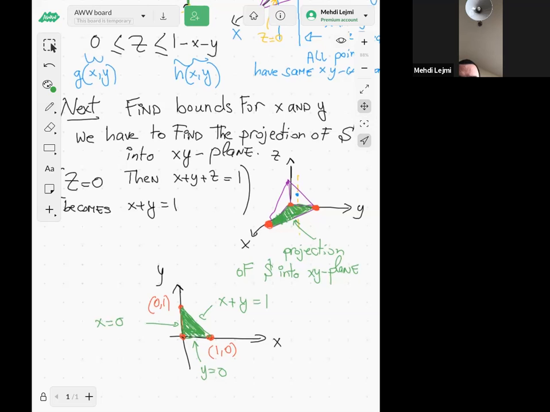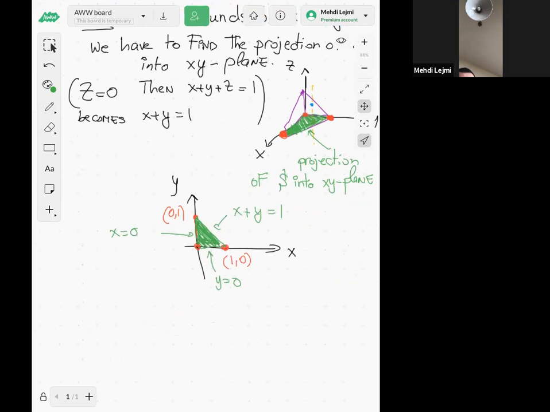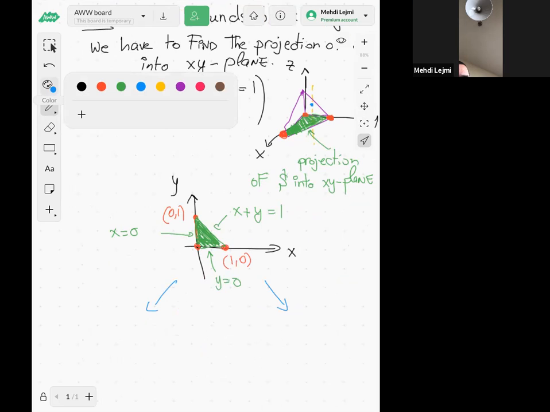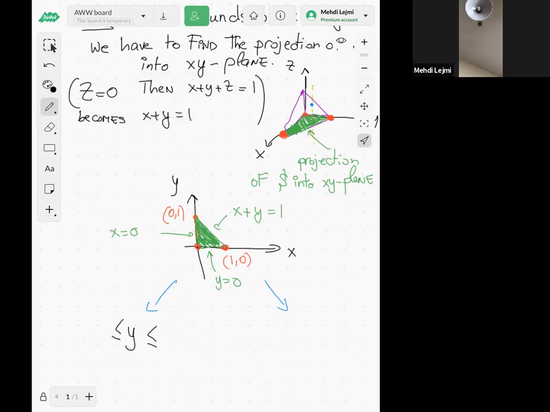If you decide first to go with y, it's up to you, of course, there are two cases here. If you go with y first, then the height y is between these two lines, between y equals 0 and this line here, y equals 1 minus x.